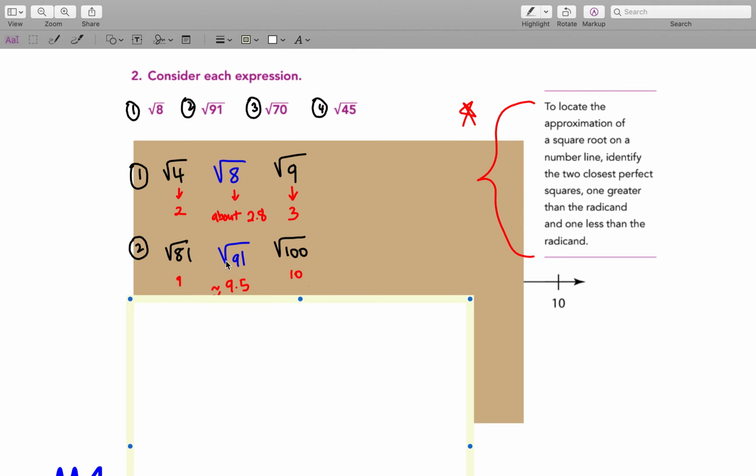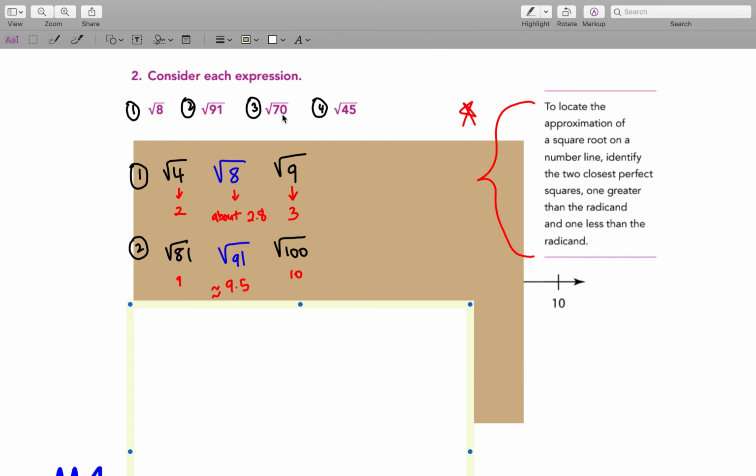There's a difference of 10 and a difference of 9, about the same, so it should be in the middle. So I put 9.5. Remember, this squiggly line symbol is an approximation, meaning about or around. So it's about 9.5.